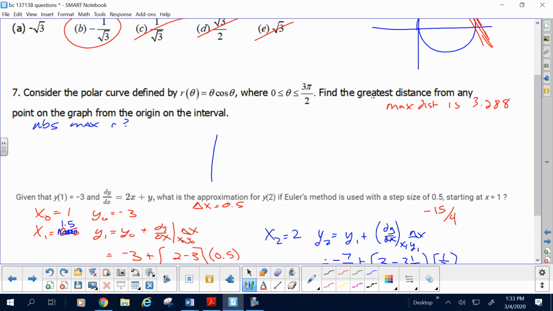If I had something that backed me up 7 from the origin, and another one where I went forward 5 from the origin, what's the max distance, 7 or 5? 7 is the greatest distance. So it's actually absolute max of R without the sign in it.